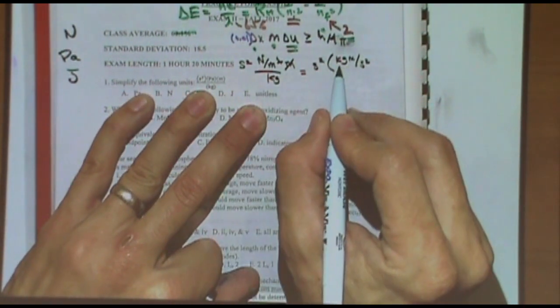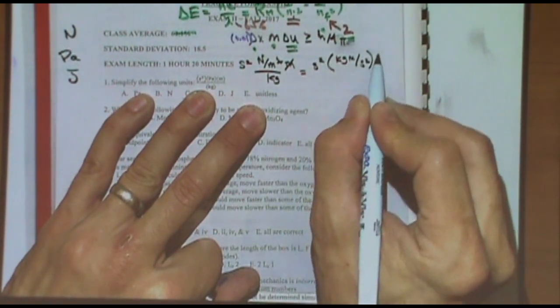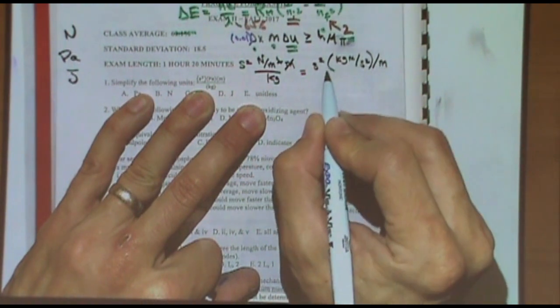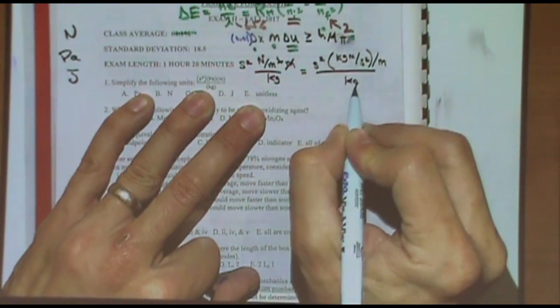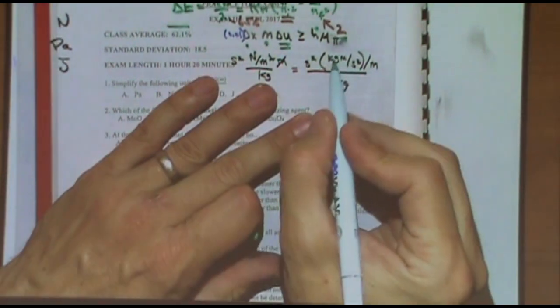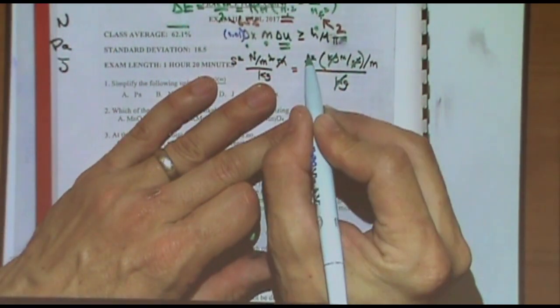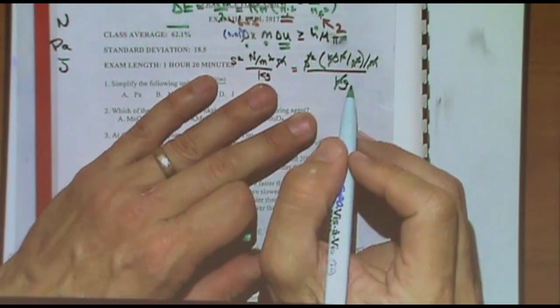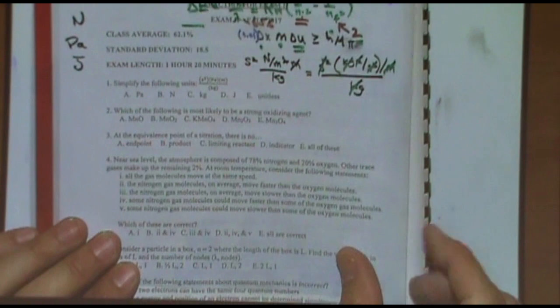Or you can think of force as a mass times an acceleration, per meter over a kilogram. And now you can see everything's going to be gone. Kilograms gone, second squareds are gone, and the meters are gone. So unitless. Okay? Good. So get used to these 3 units if you don't know those composite units. Okay, 2.